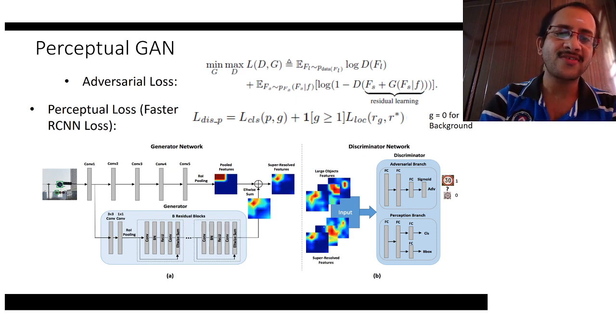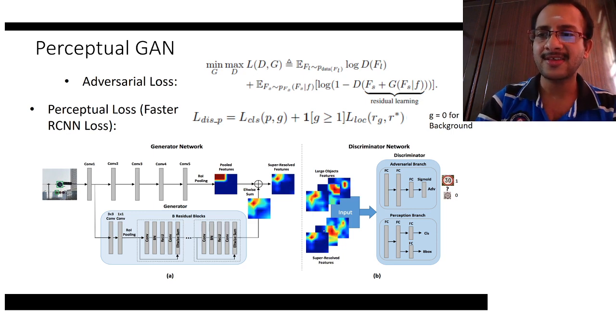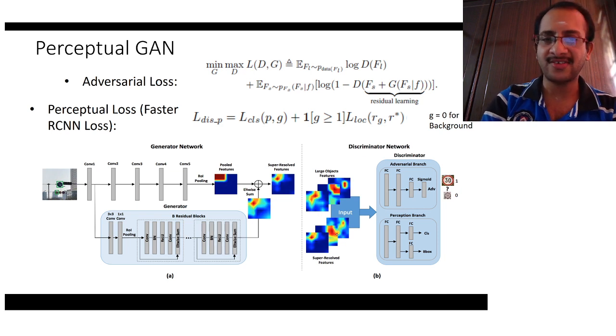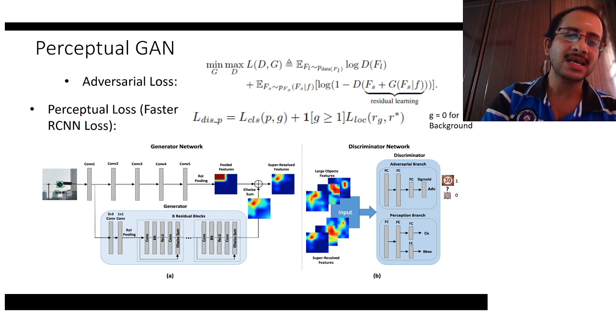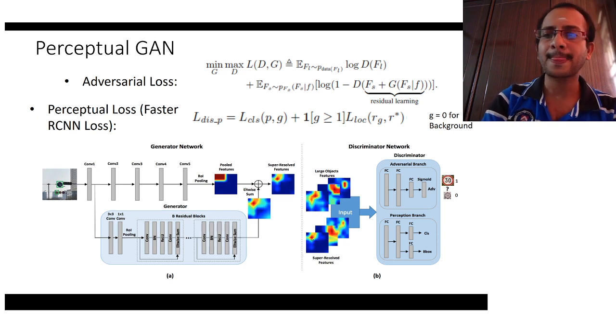These super resolved features are compared with the ground truth features of the larger objects, and then the discriminator takes a call whether the generated features are fake or real.